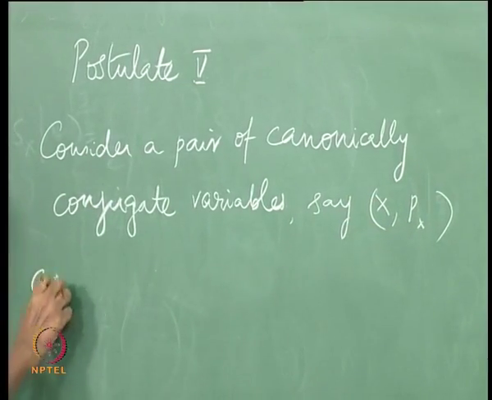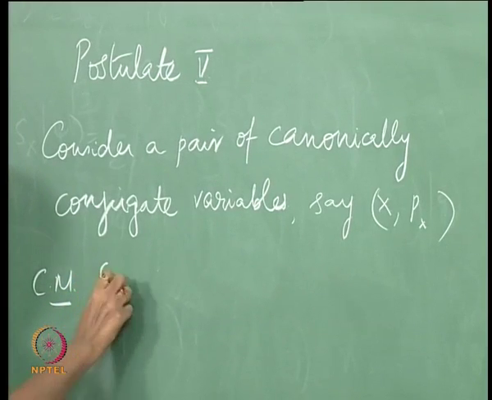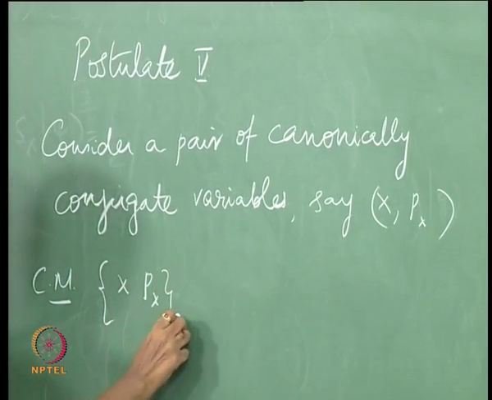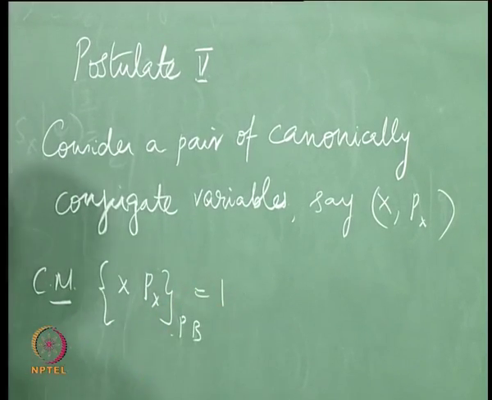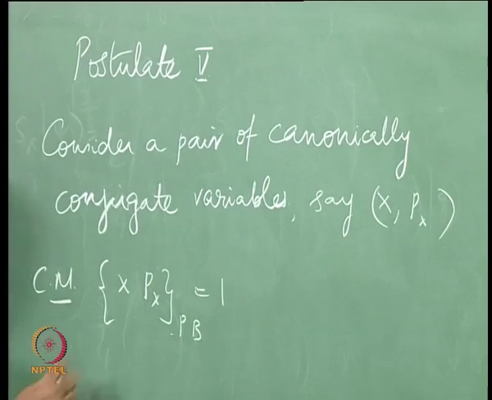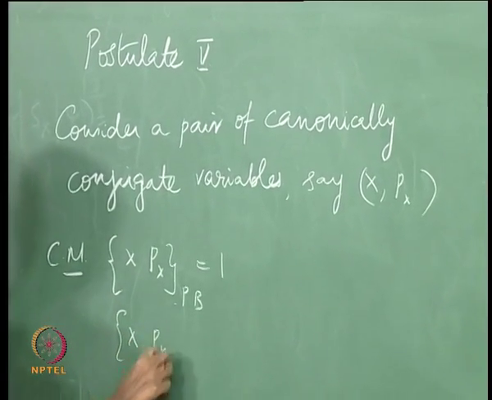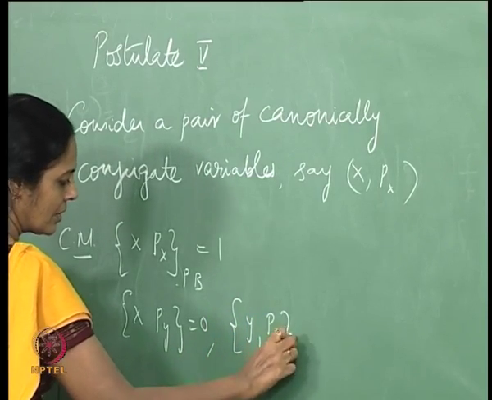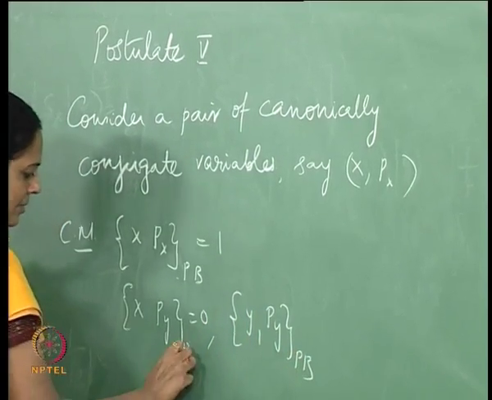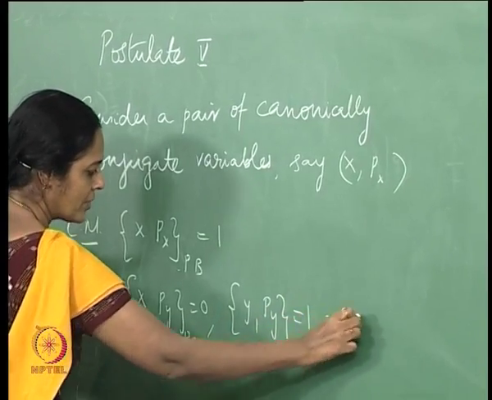In classical mechanics, you have a Poisson bracket structure. By this I mean the Poisson bracket of x with px is 1. Of course, x with py is equal to 0, y with py Poisson bracket is equal to 1, and so on.